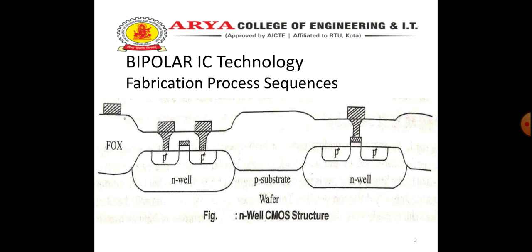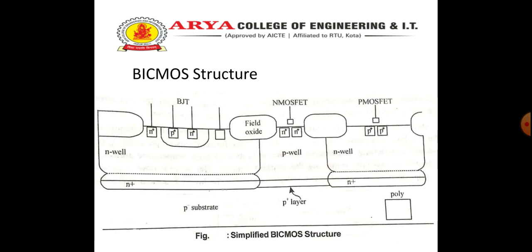The p plus reduces the latch-up probability by introducing a low resistance path in the parasitic PNP devices. Now, in principle, a BiCMOS structure could have been formed by merely adding an NPN transistor to the N-well structure, as shown in this diagram.